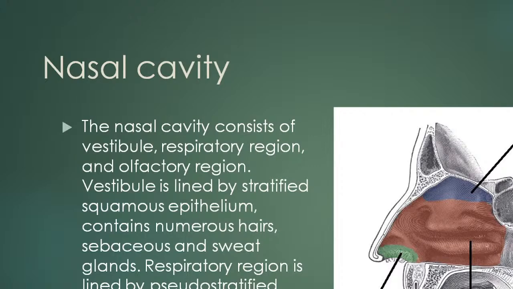The lamina propria of this part of the vestibule has a lot of hairs, sebaceous and sweat glands, like skin.